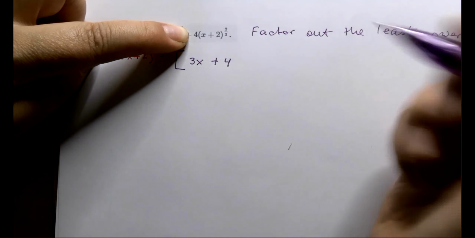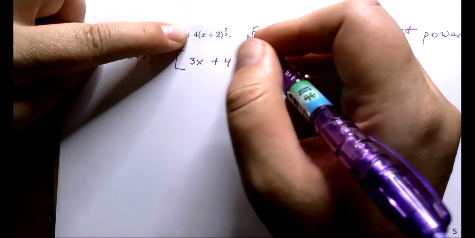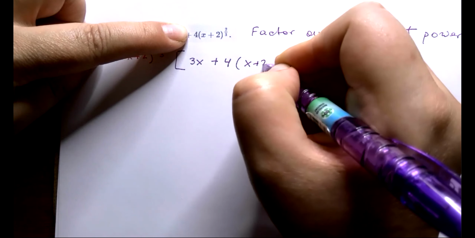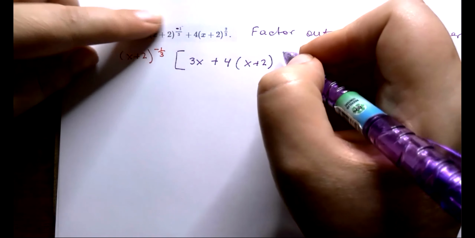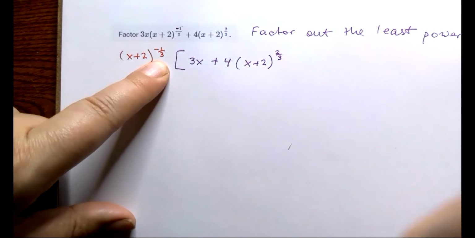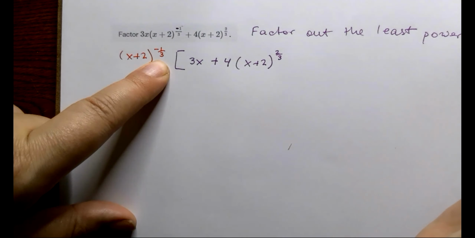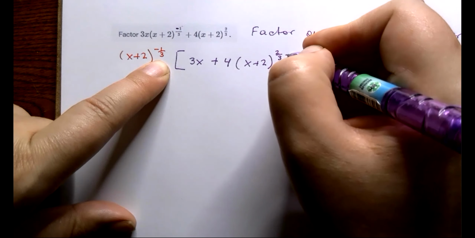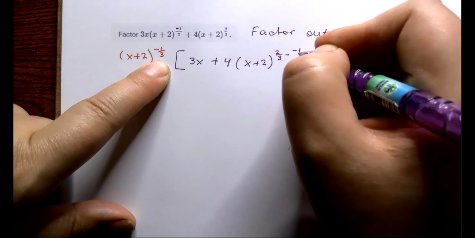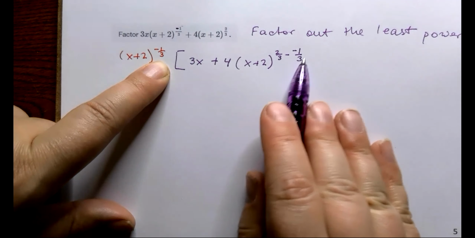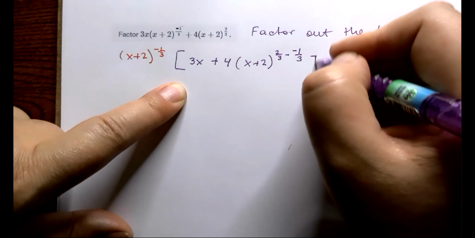And then what do we have left from this term? Well, let's talk about it. So we had (x plus 2) to the power 2/3, correct? But then we pulled out the power of negative 1/3, so we have to subtract it from this exponent. So we're subtracting a negative fraction, so this is going to be plus eventually, right?